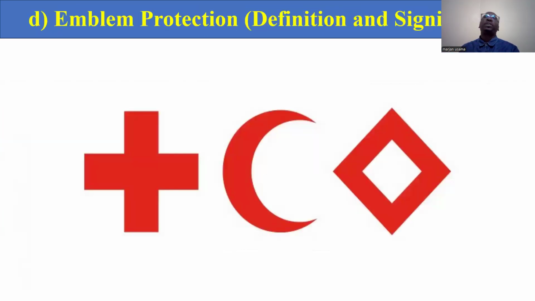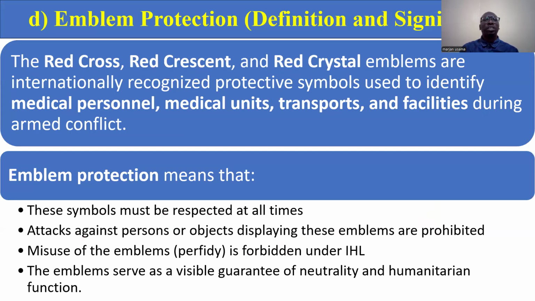Now, the emblem protection. So what is the meaning of emblem? Look at these signs. These are people who provide what? They provide medical services. If you see anybody with this sign, any car with this sign, they need to be protected. Why? Because they're giving humanitarian protection. So what is the meaning of this?